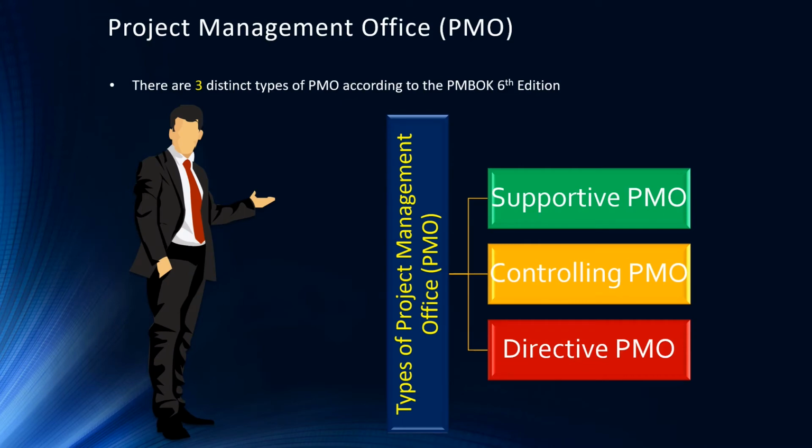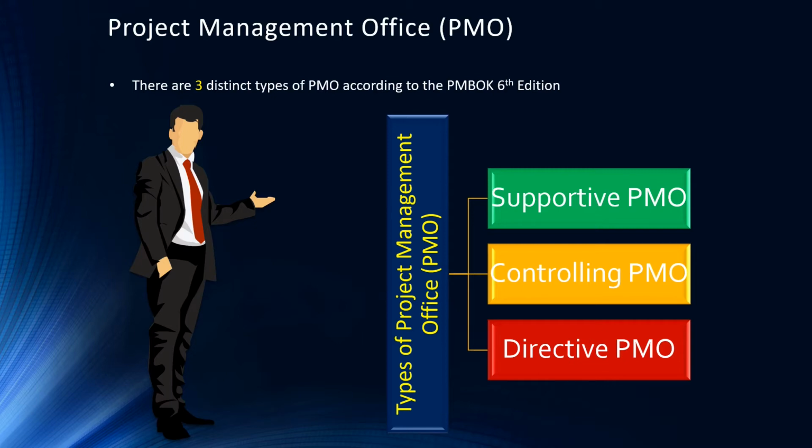Though there are many types of PMOs, the PMBOK 6th edition defines three distinct types of PMOs. One is the supportive PMO, the second is the controlling PMO, and the third is the directive PMO. These are the three PMOs that you need to focus on for your PMP exam.